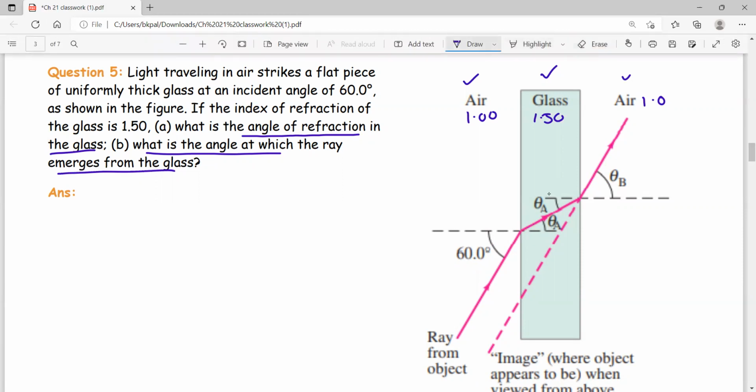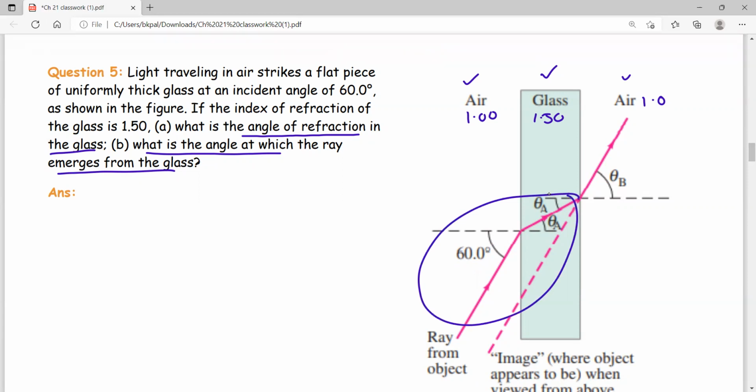Let's first focus on this refraction, air to glass. This is the angle of incidence, and this is the angle of refraction. Now if you remember, the law is n1 sine theta 1 equal to n2 sine theta 2.